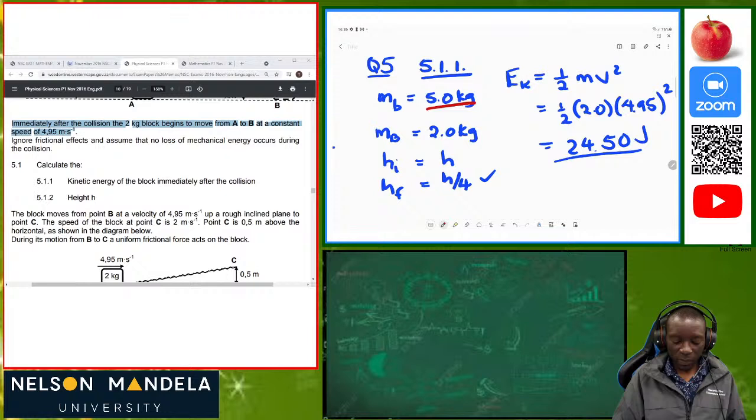The mass of the bob is 5 kg, the mass of the block is 2 kg, the initial height is H, and the final height is H over 4.